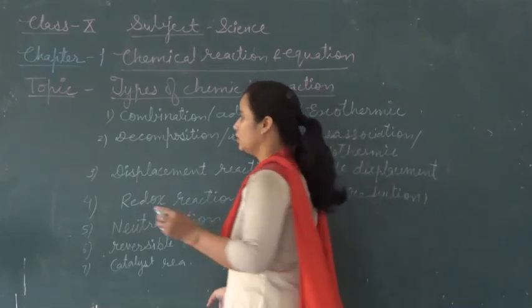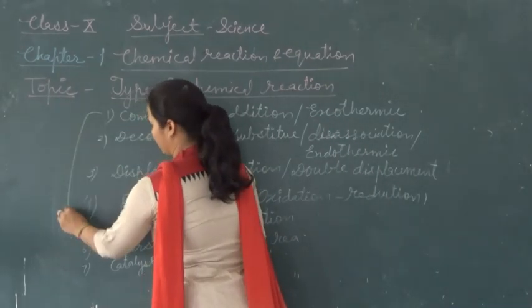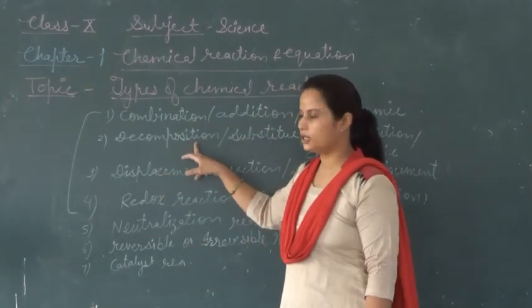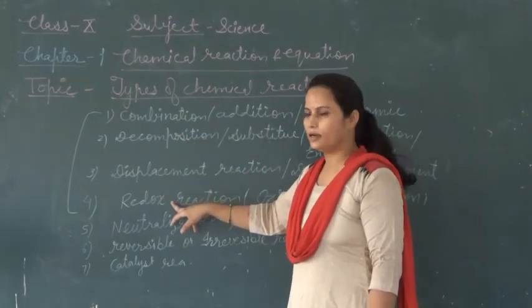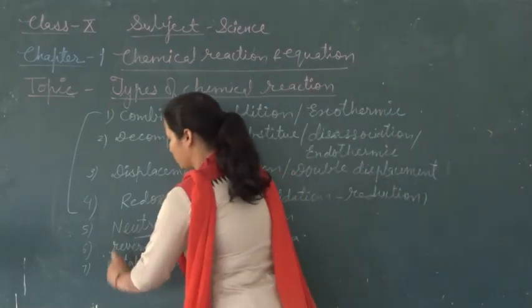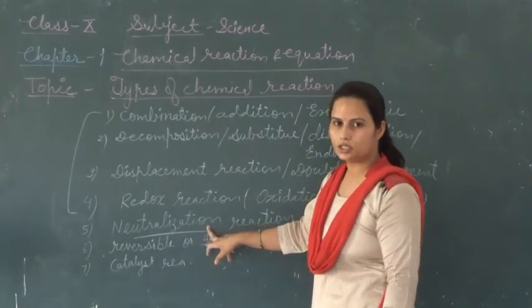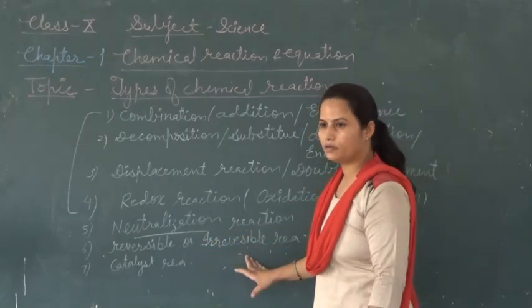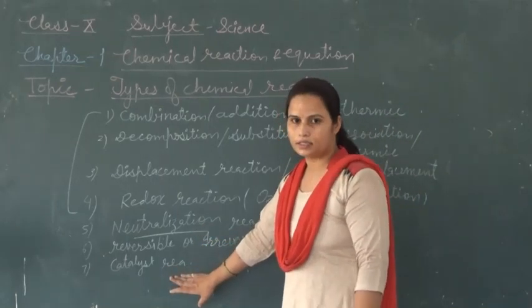In the first chapter only four types of reaction are mentioned: combination, decomposition, displacement, redox reaction. I also introduced the neutralization reaction, reversible, irreversible reaction and catalyst.